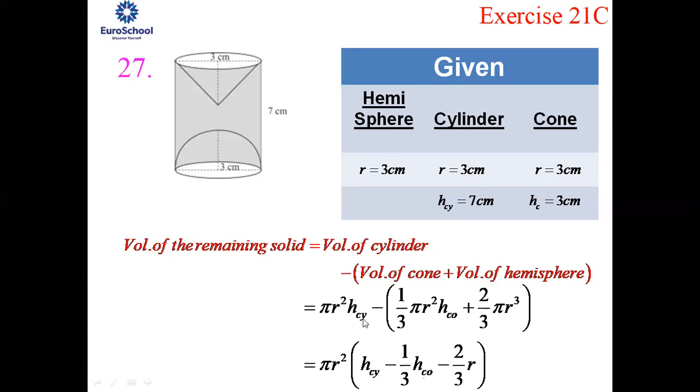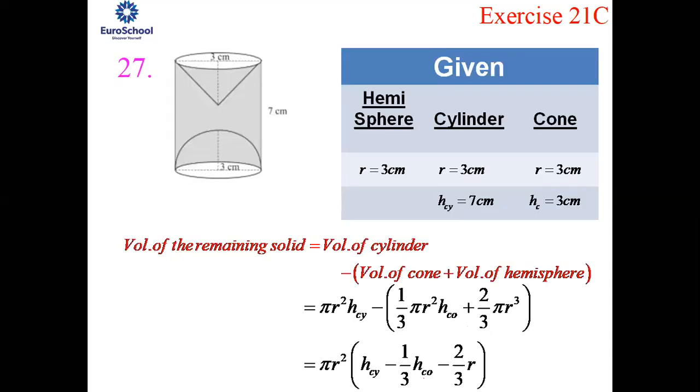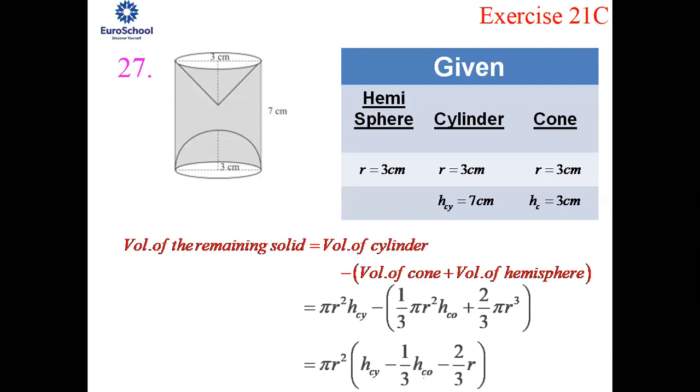But the height of the cone and the height of the cylinder should be distinguished, so you end up with the suffixes, and now you can substitute and you should end up with the answer. I haven't done the calculation because it is homework for you. Just to explain how you find the volume of the remaining solid, I've given the formula. Now the substitution and the remaining calculation, you need to do in your homework note.